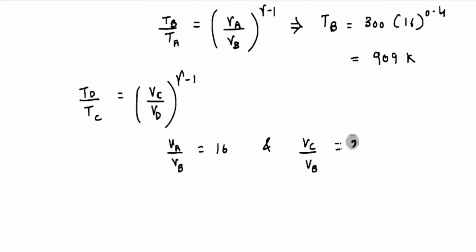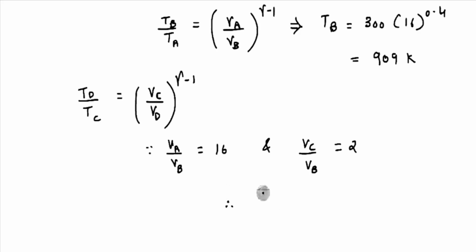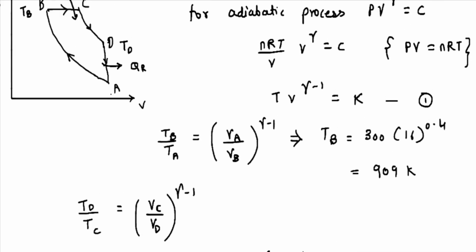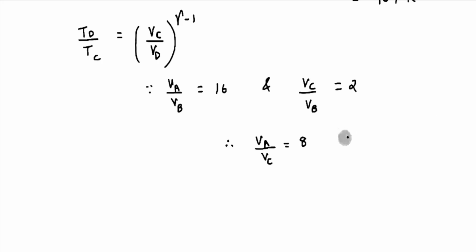Therefore VA upon VC is equal to 8. If we carefully analyze the given diagram, points D and A have the same volume, as the process is isochoric, so VD by VC will also be 8.